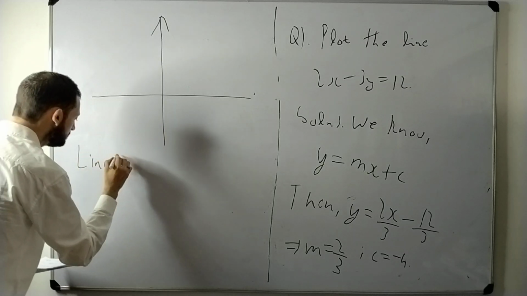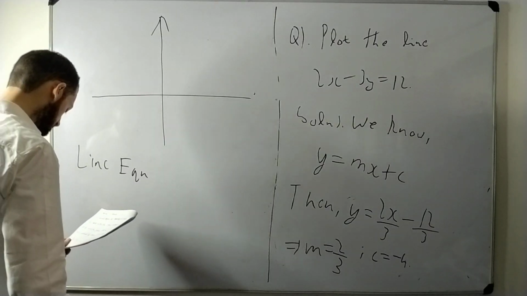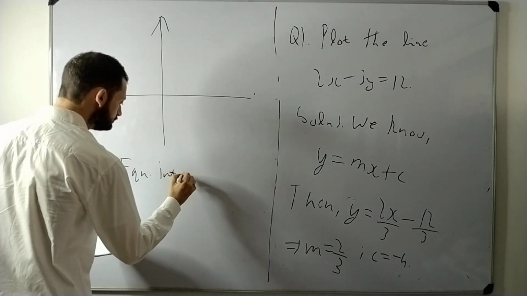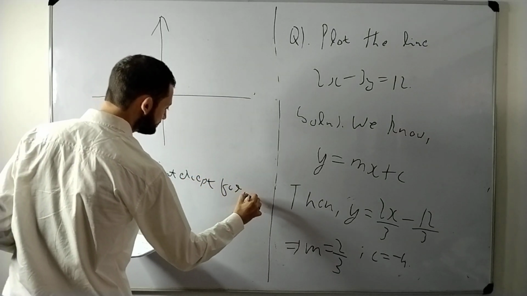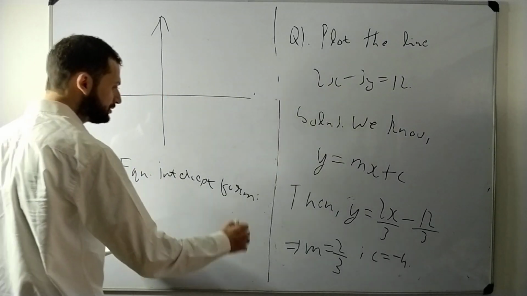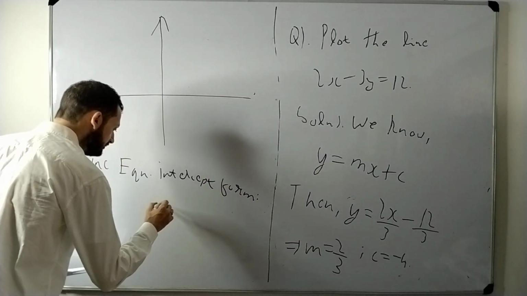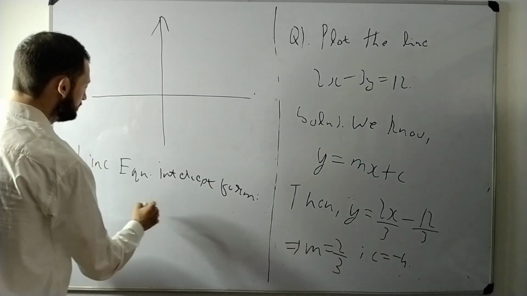Line equation, intercept form. This would make my life easy. Let me show you how it would make my life easy. So what I do, I write the line in the intercept form of this equation.